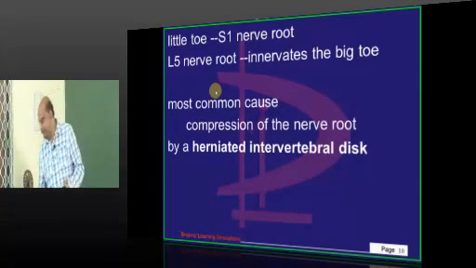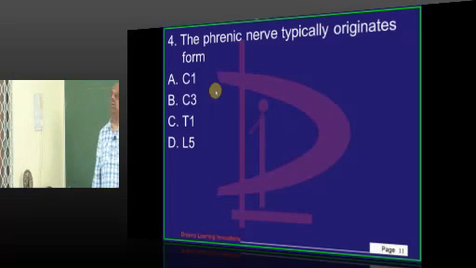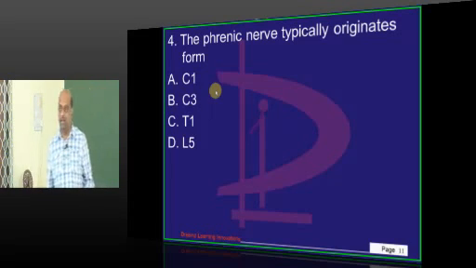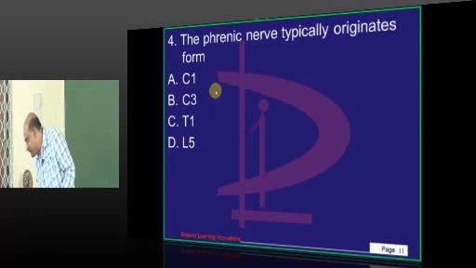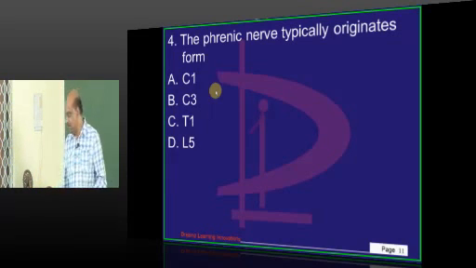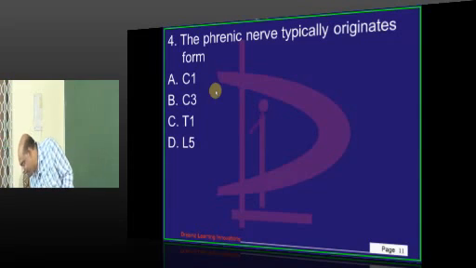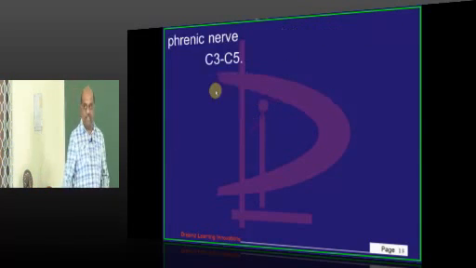Right. The phrenic nerve typically originates at what level, doctor? Phrenic nerve root value. The other day in neuroanatomy also we discussed, no? C3? C3, right? Very good. Tirupati, Sujata, Amrita, everyone is proposing C3. Yeah, C3 is correct.